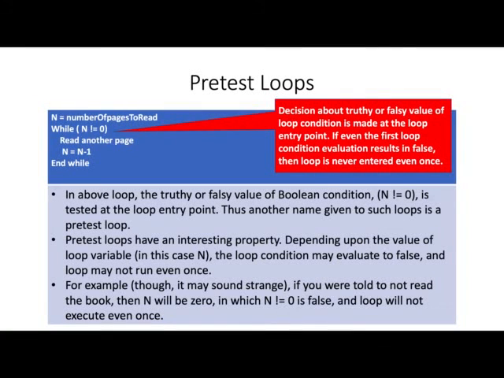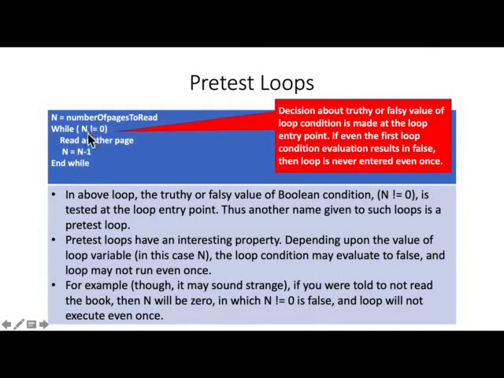The other thing we want to talk about: this loop we just looked at is also called a pretest loop. That's because you are making a decision by testing the loop condition at the entry point of the loop. This is the entry point of the loop, this is the exit point.